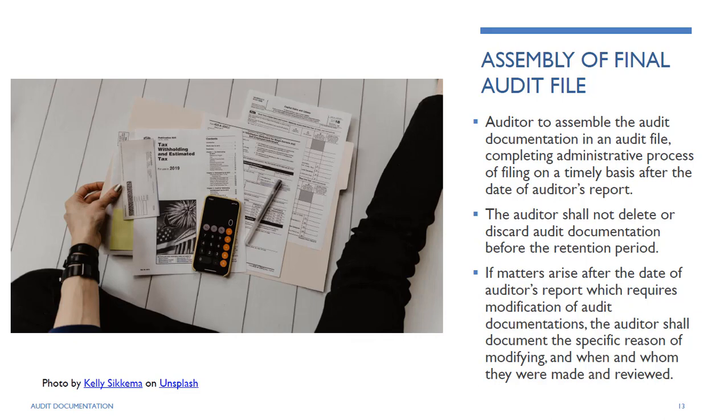Now, if issues arise such that the auditor needs to modify the audit documentation, the auditor shall document this modification of audit documentation, stating the reason why, and when and by whom they were made and reviewed.